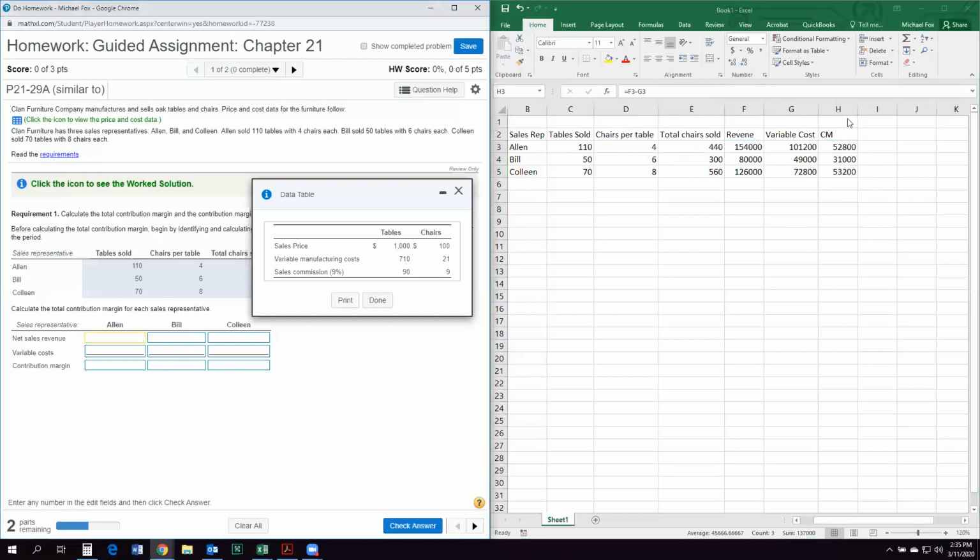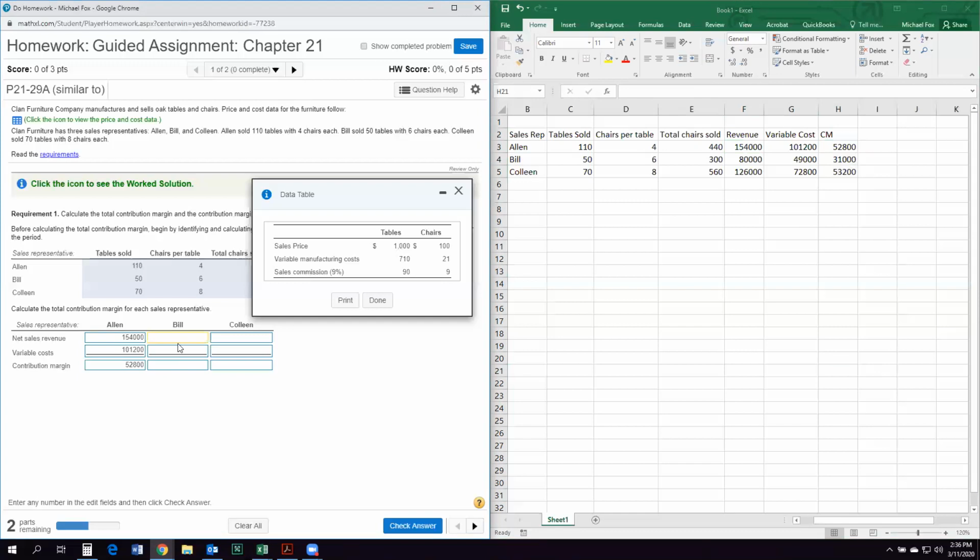This is going to be a little bit different because I guess I just left them in the same order as before. So I'm going to have to look carefully. So Alan, his sales revenue was 154,000, and then his variable costs were 101,200, and his contribution margin was 52,800.